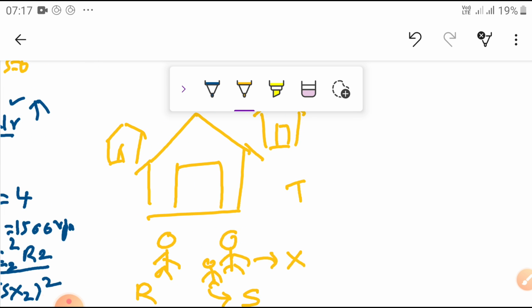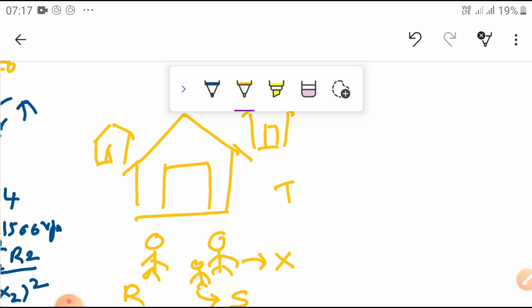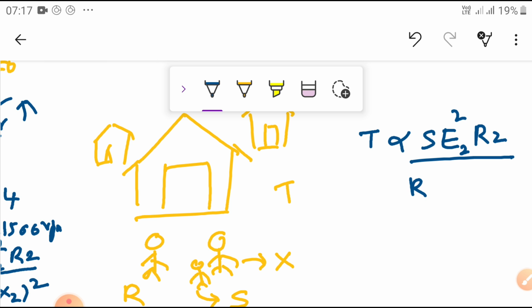What is the relation here? So the torque equation: T is directly proportional to S into E2 whole square into R2, divided by R2 whole square plus (S X2) whole square.